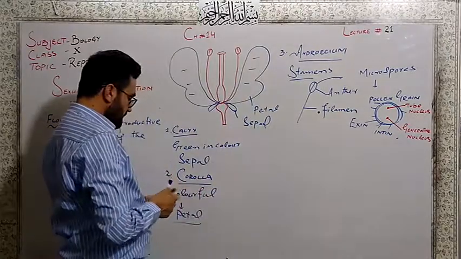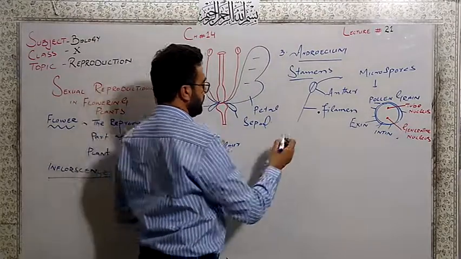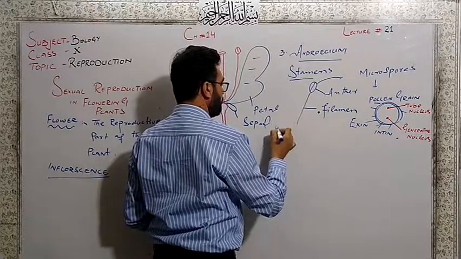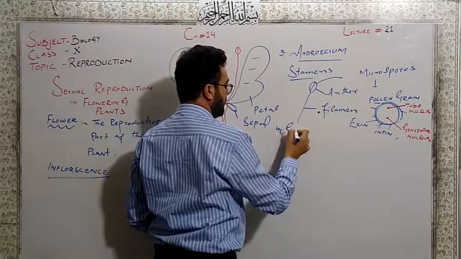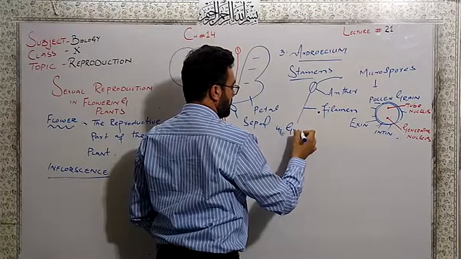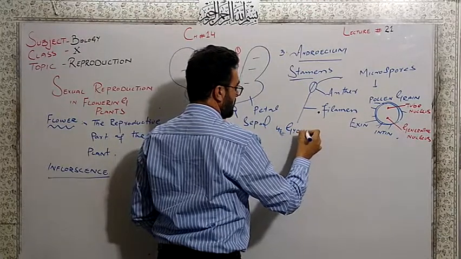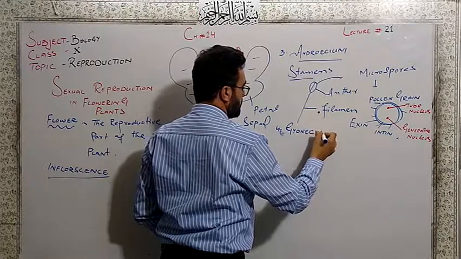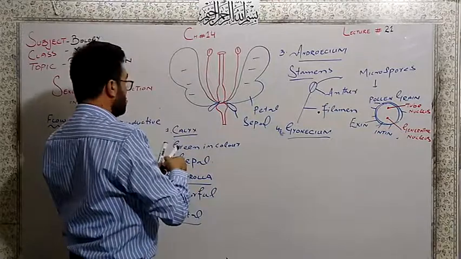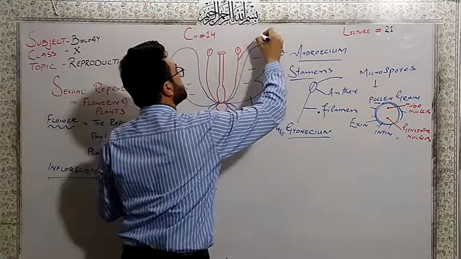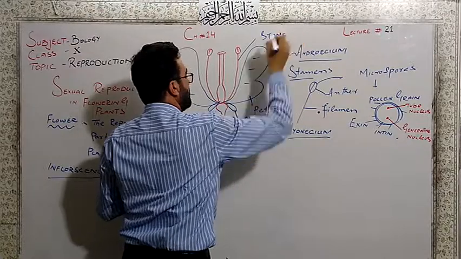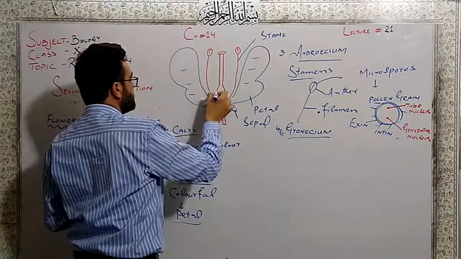The last part is the gynoecium, the fourth one. In the flower, this is the stamen. Gynoecium consists of carpels.